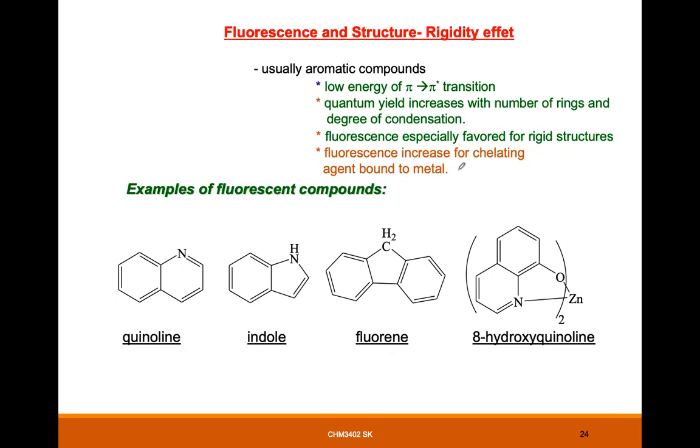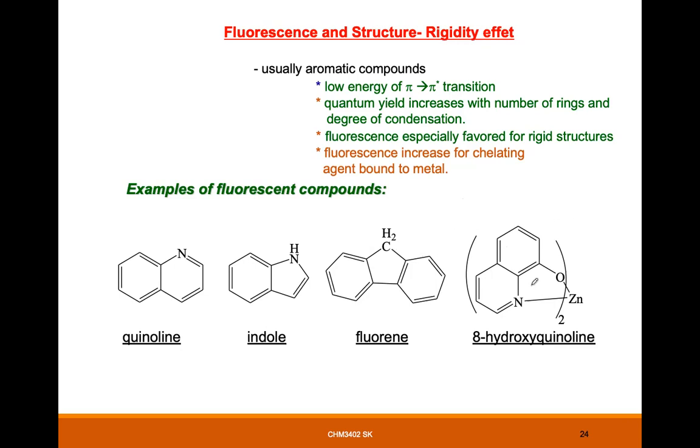This one I do observe. These are chelating agents, or sometimes we call them ligands. When we bind them with certain types of metal, they sometimes increase the fluorescence intensity, meaning the fluorescence gets higher in terms of intensity. I don't know what kind of metal, what kind of interaction, I don't know the theory of how it increases or does not increase. I don't know that part.